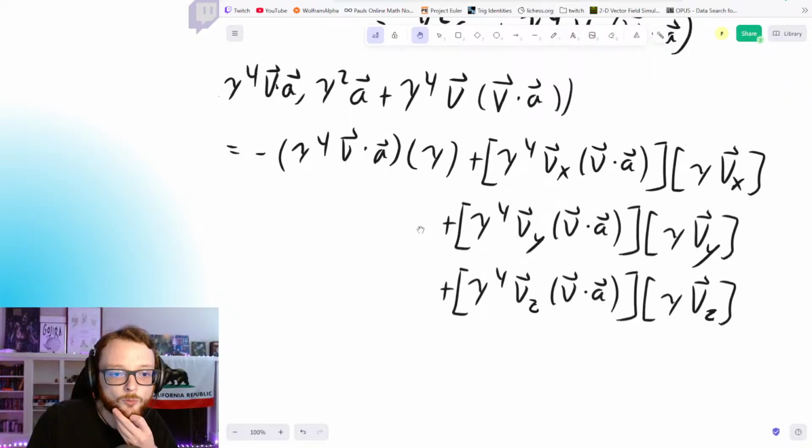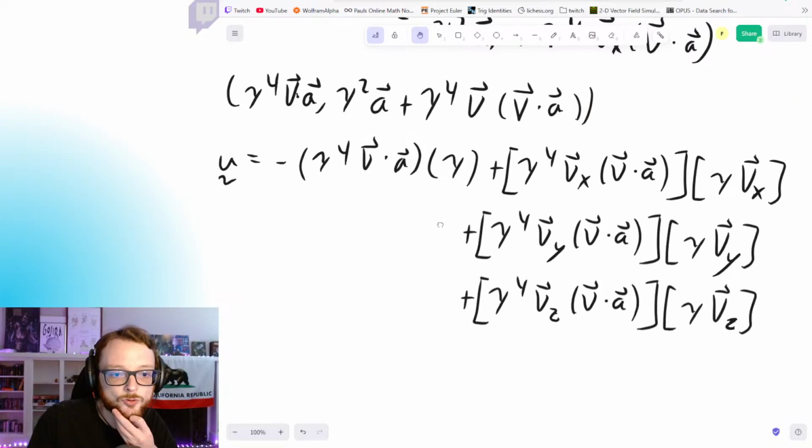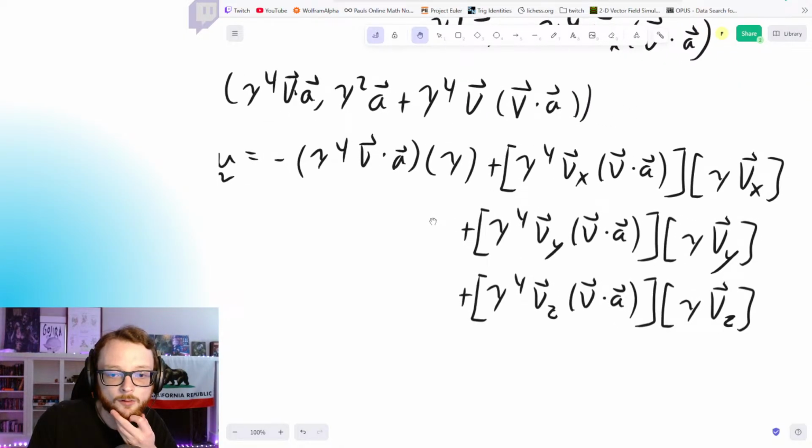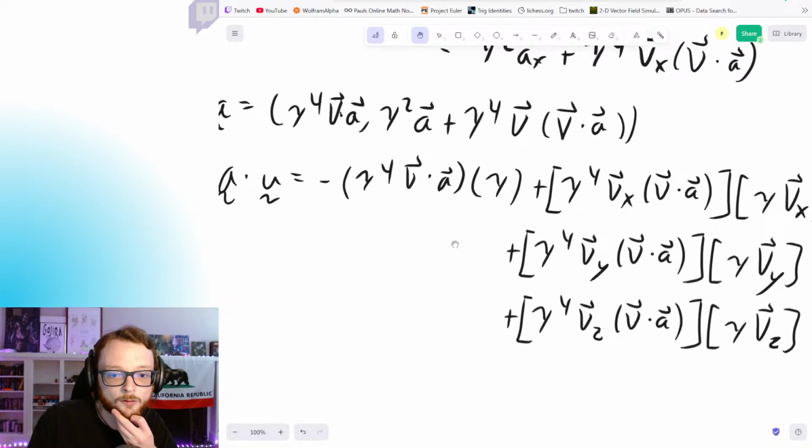And so we would want to justify. What do you want to justify? Well, everything's gamma to the fifth, so we can get rid of all that. Right.